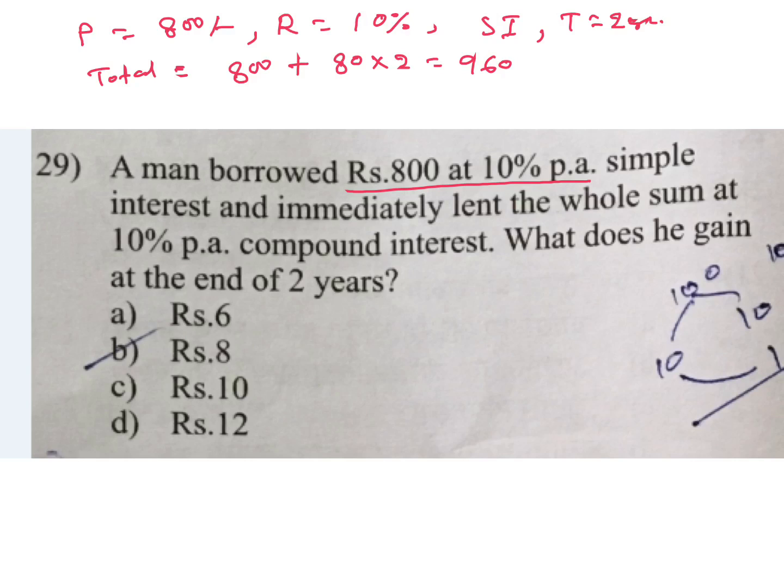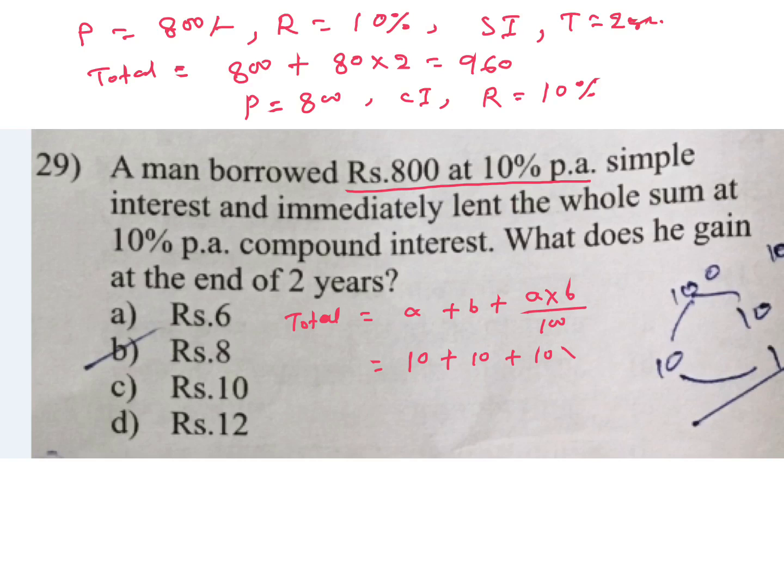And for compound interest, principal is same in second case, compound interest, and rate is same 10%. How much you will get? Here total direct formula you can use: A plus B plus A into B by 100. So A is 10, B also 10%, 10 into 10 by 100, so you will get total 21% of the principal.